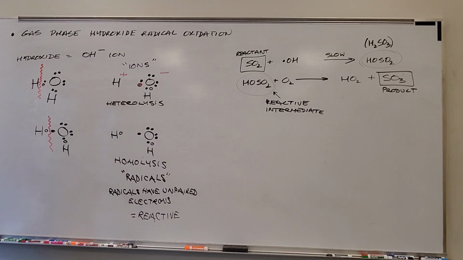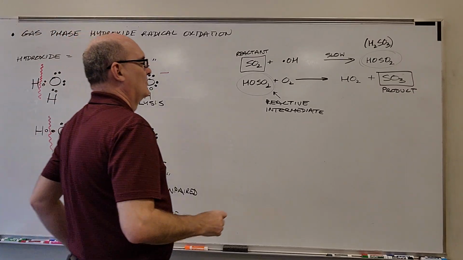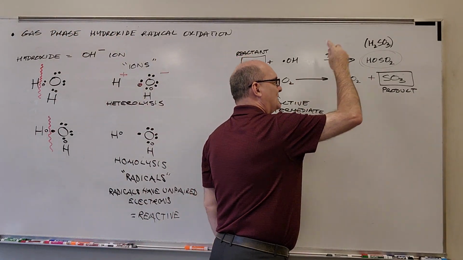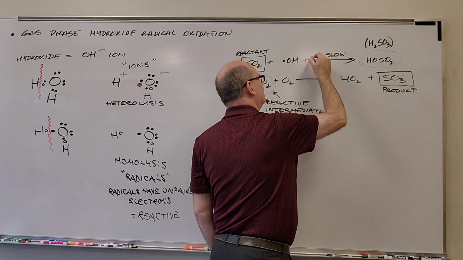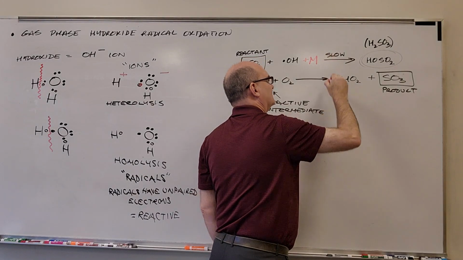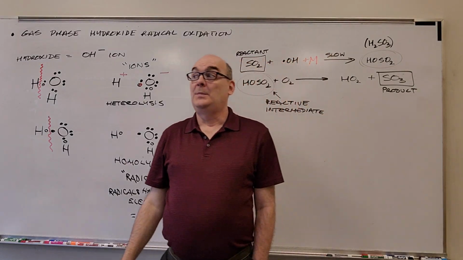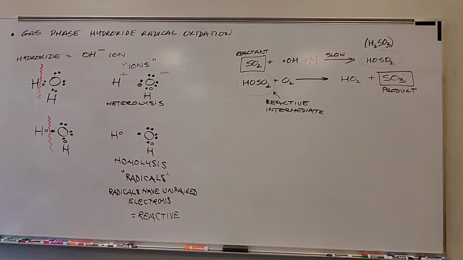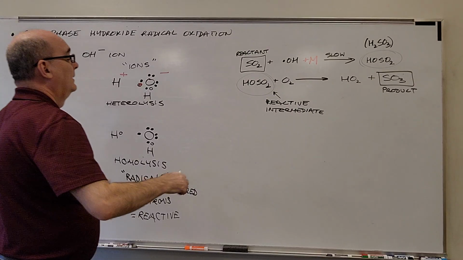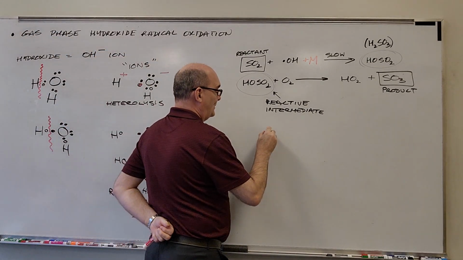There is an assist to be had here. Doesn't affect how to balance this equation. But if you have a surface that this reaction can happen on, like a metal, then this reaction works better.